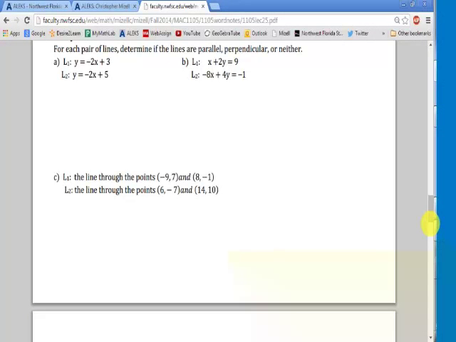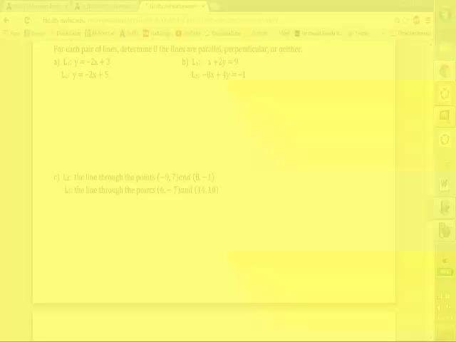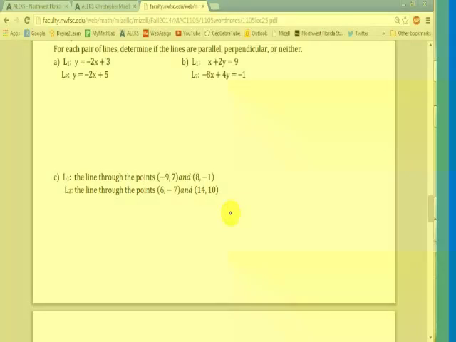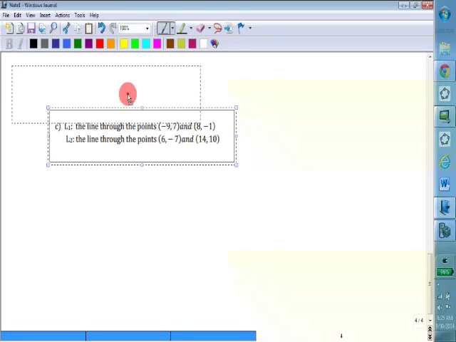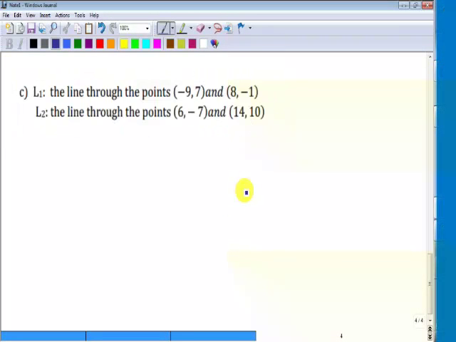And the C part, I suppose that we would have to exercise just a little bit of caution here. If we find the two slopes and find that they're the same, we'd probably need to do a little bit more.